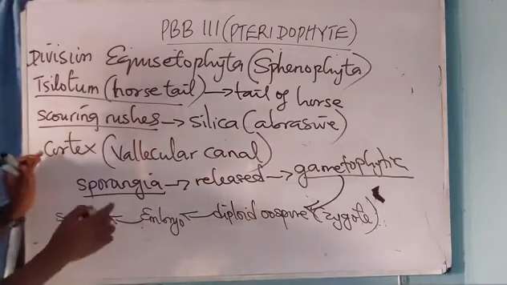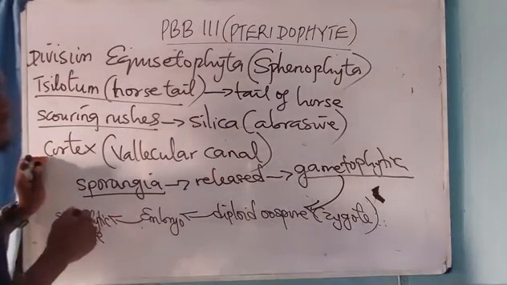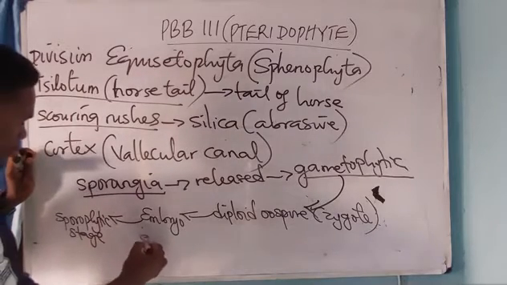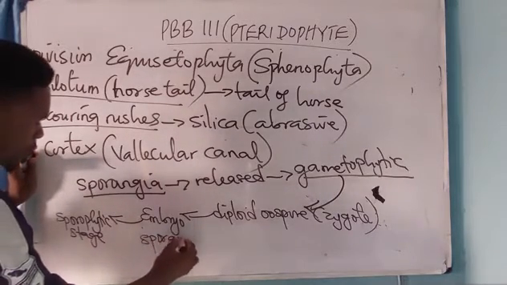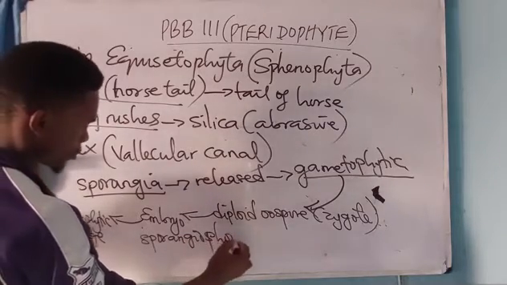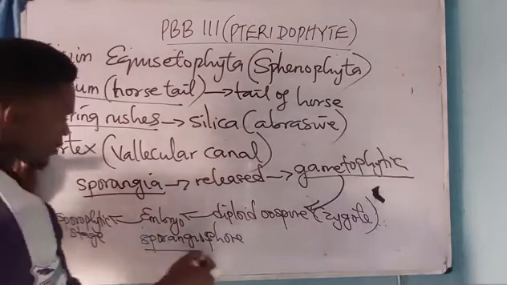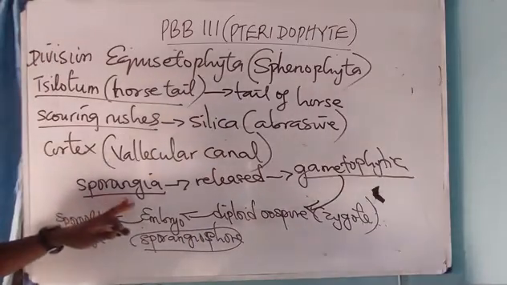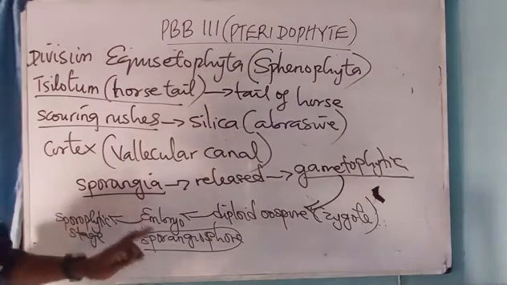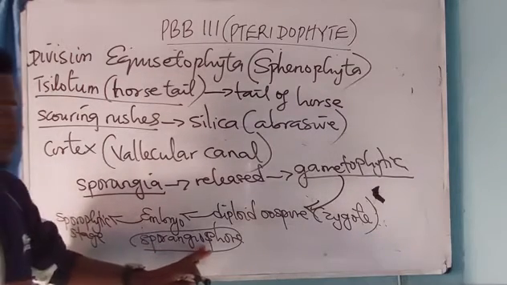Now, the sporangia produces a terminal sporangiophore. All right. This sporangia of the Equisetophyta produces a terminal what? Sporangiophore.